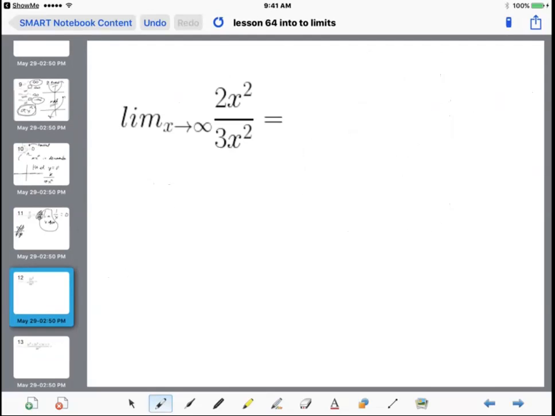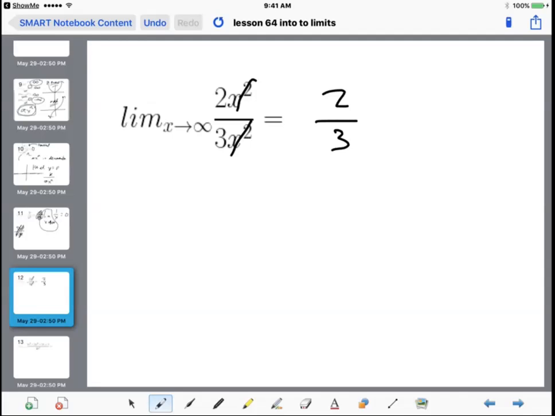Okay, does someone want to say what they think the answer to this question is? Feel free to chime in. Oh, I see a lot of people wrote 2/3 in the chat, and that is the right answer. You can cancel those out, and then it's just a constant function, 2/3.